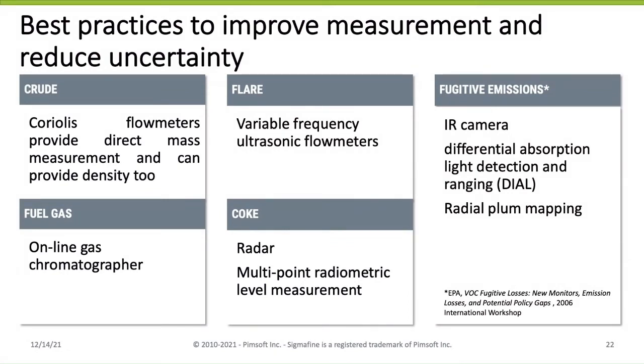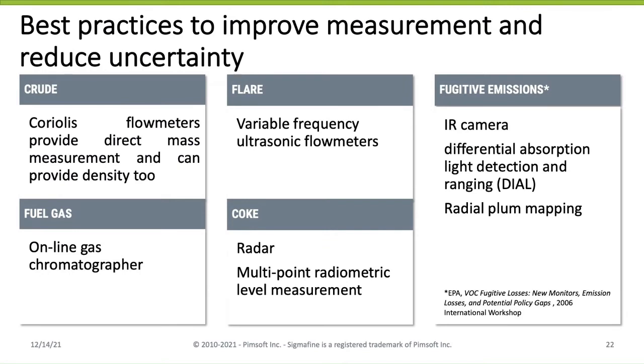Finally, fugitive emissions. This is an entire class of emission that typically involves the tank farms and many times are underestimated. Recent studies confirm that. Some of the technologies currently used to measure them are based on infrared cameras, DIAL, and radial plan mapping.